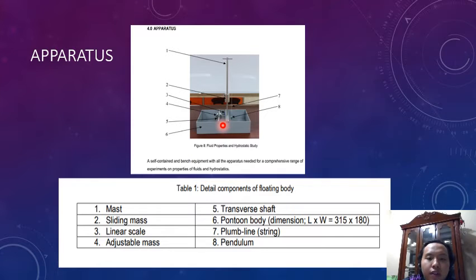Number 5, transverse shaft. Number 6, pontoon body. Number 7, plumb line string. Number 8 is the pendulum. The dimension of the pontoon body, length times width, is 315 times 180.